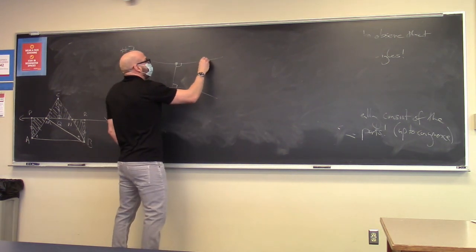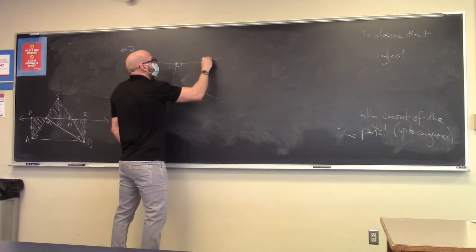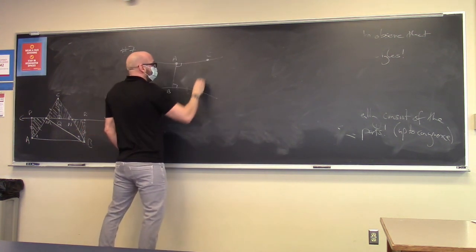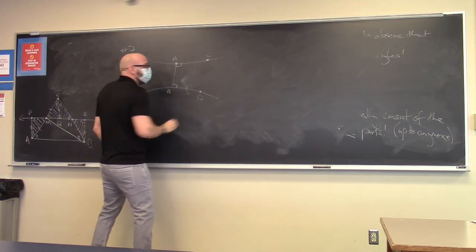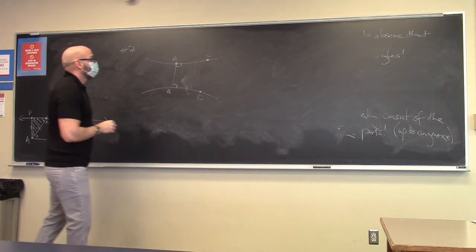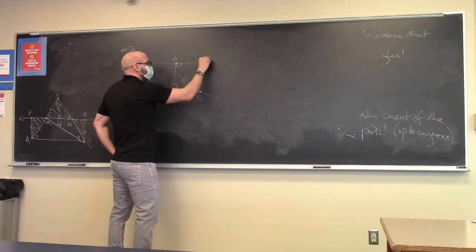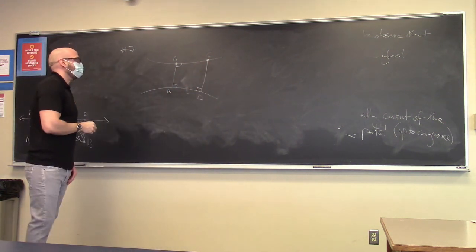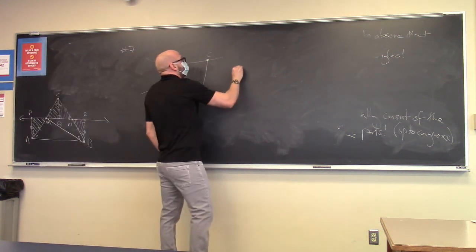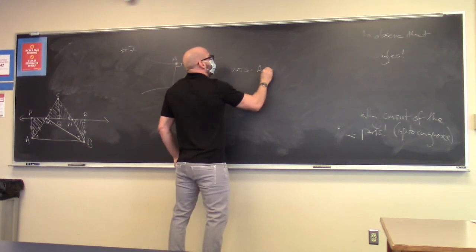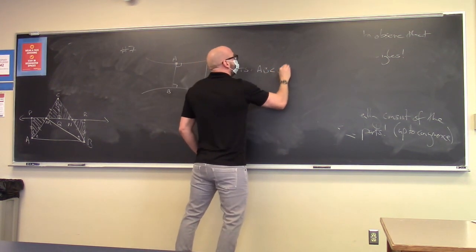Well, okay. Suppose I take another point. Let's call these A, B, C, and D. Suppose I took another point and suppose I dropped a perpendicular from C to D. What do you want to do? You want to show that AB must be strictly less than CD.